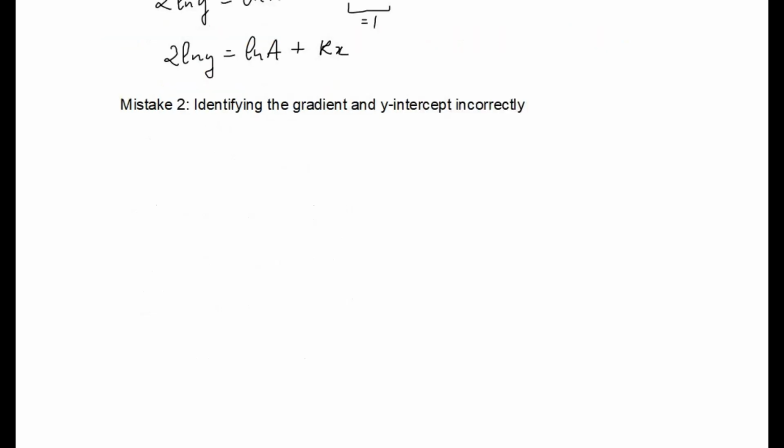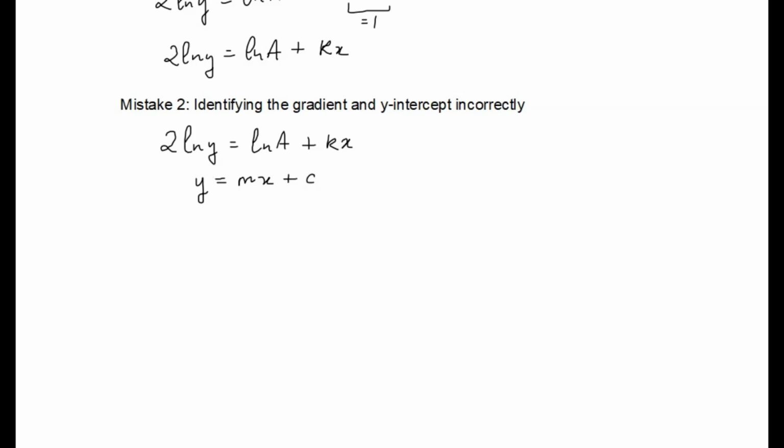Brings us to our second mistake, identifying the gradient and y-intercept incorrectly. So the equation that we have is 2 log y is equal to log a plus kx. What we need to do now is compare it to the standard straight line equation, y is equal to mx plus c. Here m is the gradient and c is the y-intercept.